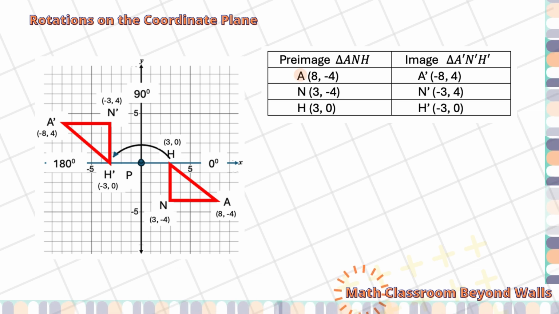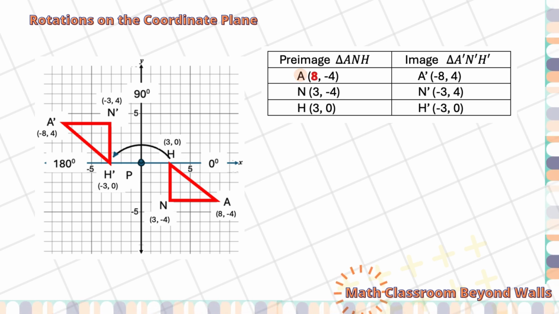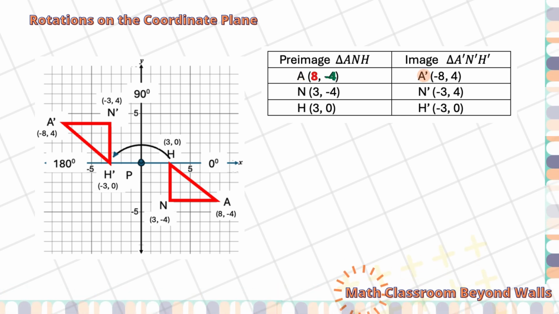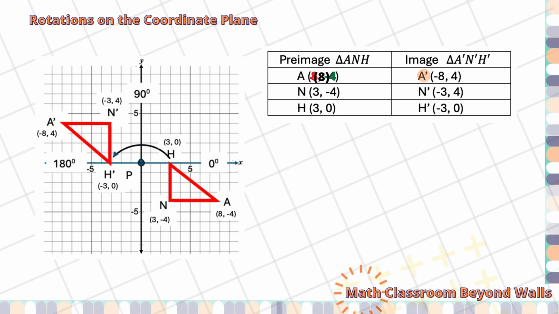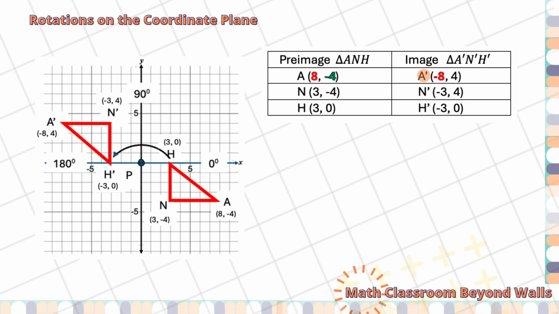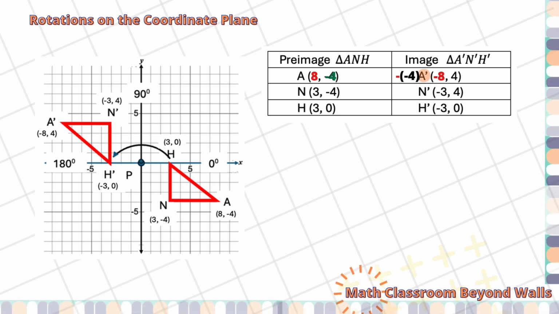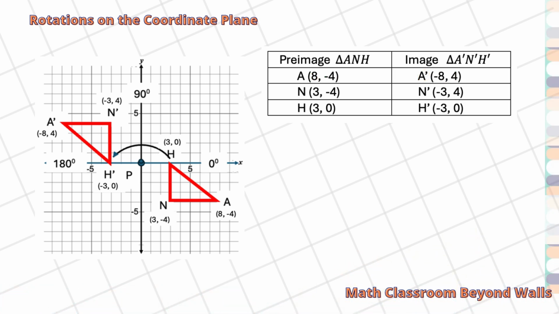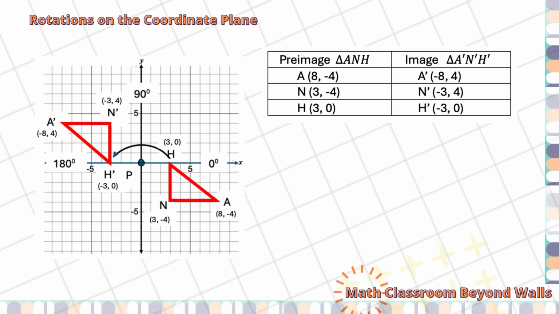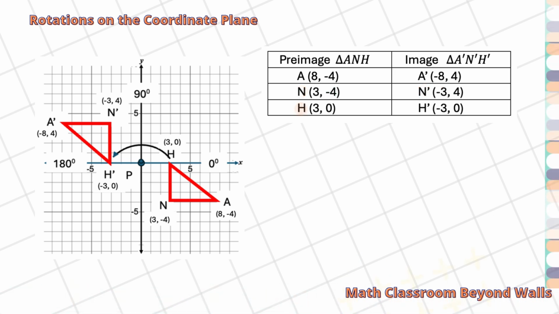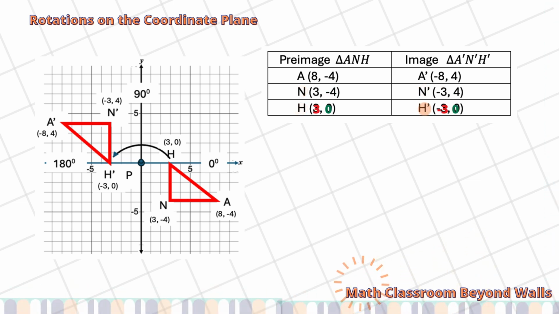On A, the x-coordinate is 8, whereas the y-coordinate is -4. On A prime, the coordinate of x is the negative of x on the preimage, whereas the coordinate of y on A prime is the negative of y on the preimage. These changes are true for all the corresponding points like N and N prime and H prime.